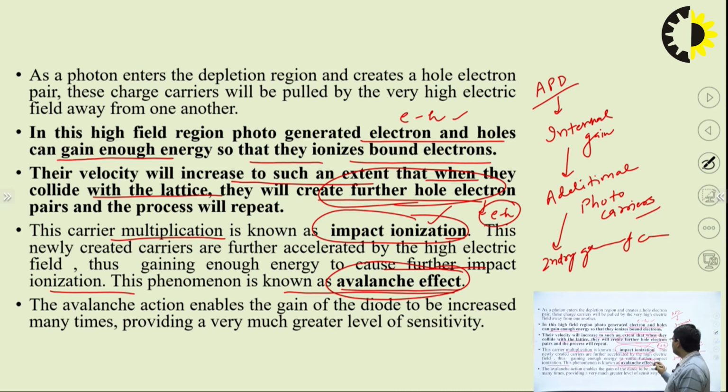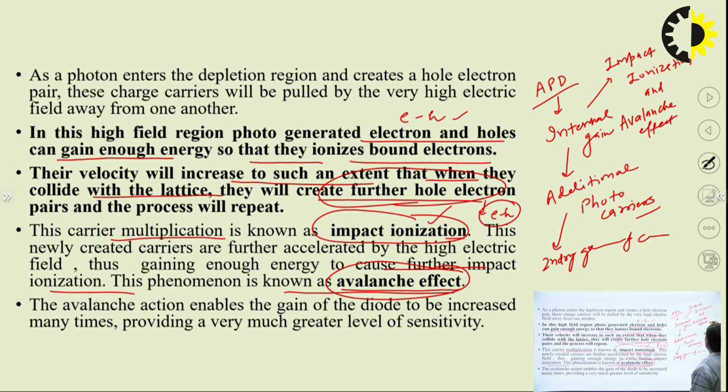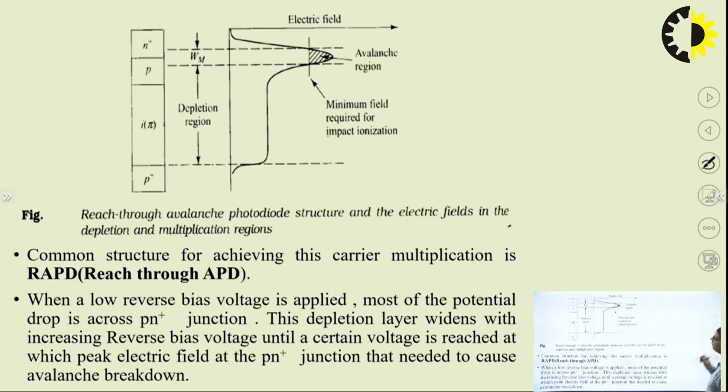This is known as the avalanche effect. So this internal gain in the case of APD is achieved using impact ionization and the avalanche effect. This is what we have discussed.